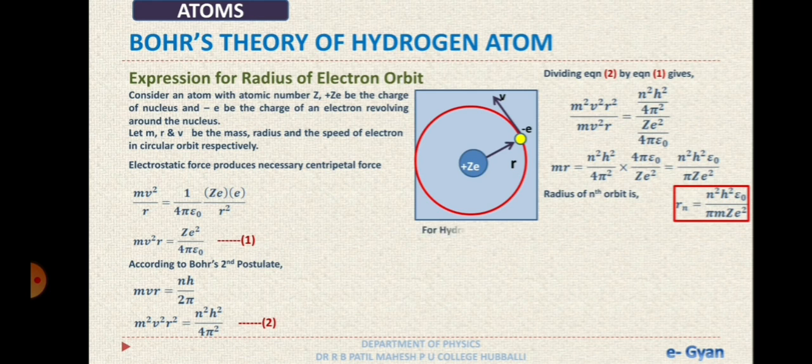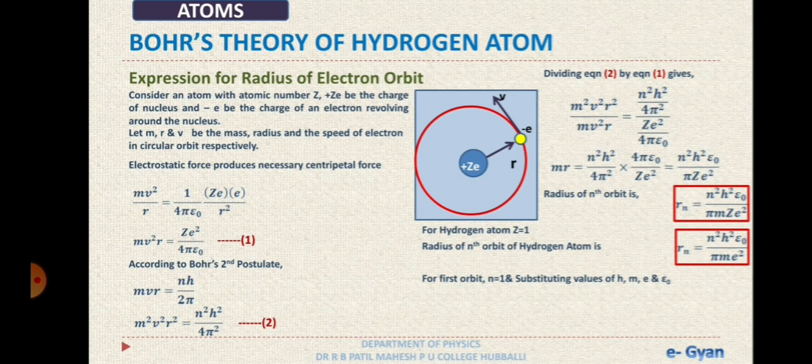Now, for the hydrogen atom, the atomic number Z is equal to 1. So, the expression for the radius of the nth orbit reduces to Rn is equal to n square h square epsilon naught divided by pi m e square.